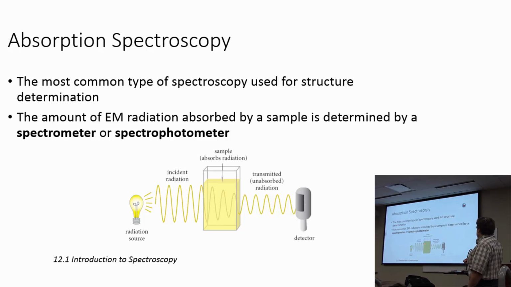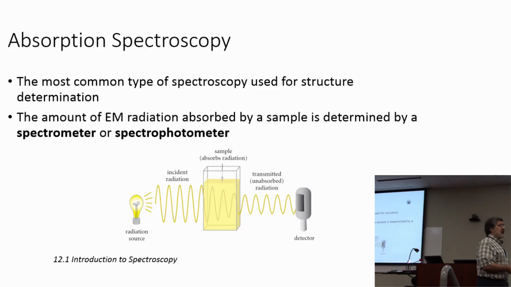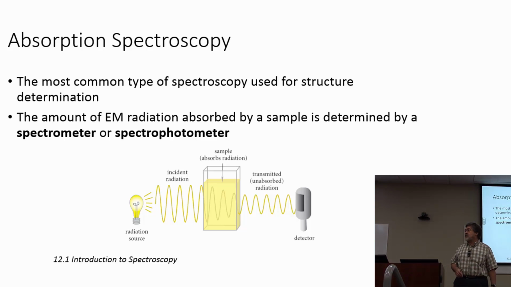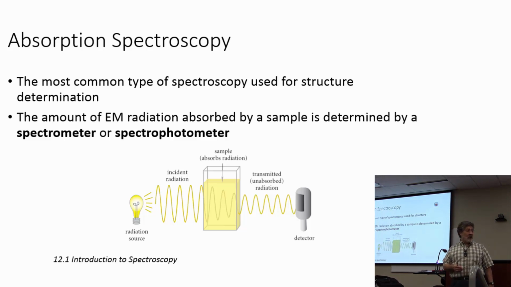Right? And this is a very simple graphic, but it represents an instrument you used back in Gen Chem, the Spec 20. Sometimes I overgeneralize a Spec 20 as a glorified flashlight, because that's kind of what it is.